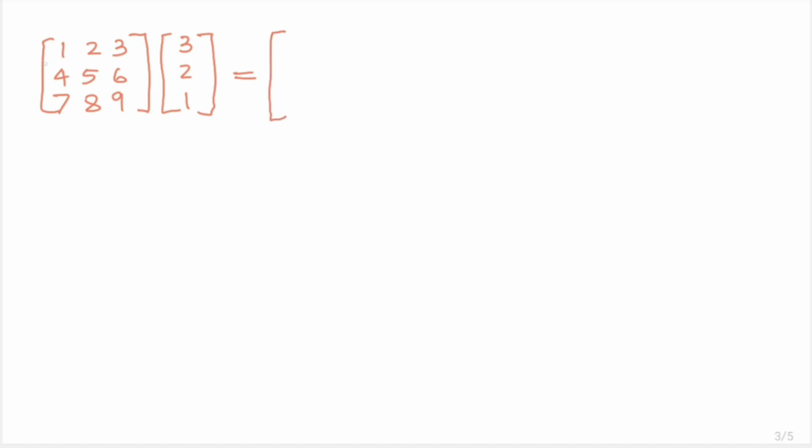We take the first row, that's 1, 2, 3. We dot it with 3, 2, 1. So we have, let's say, 1 times 3 plus 2 times 2 plus 3 times 1. Then we take the second row, we dot it with the vector.